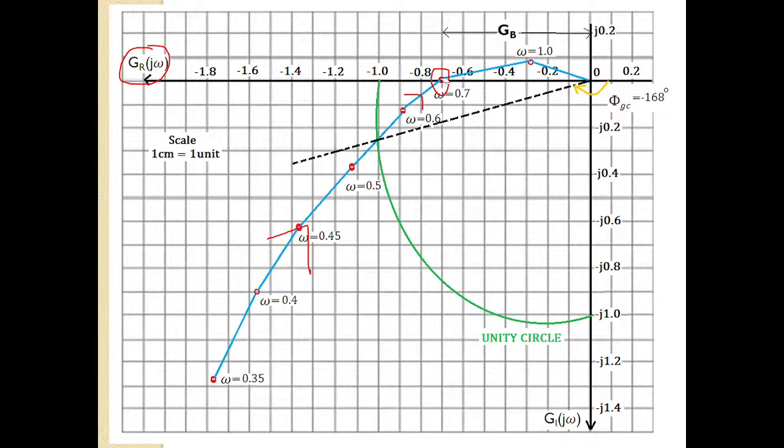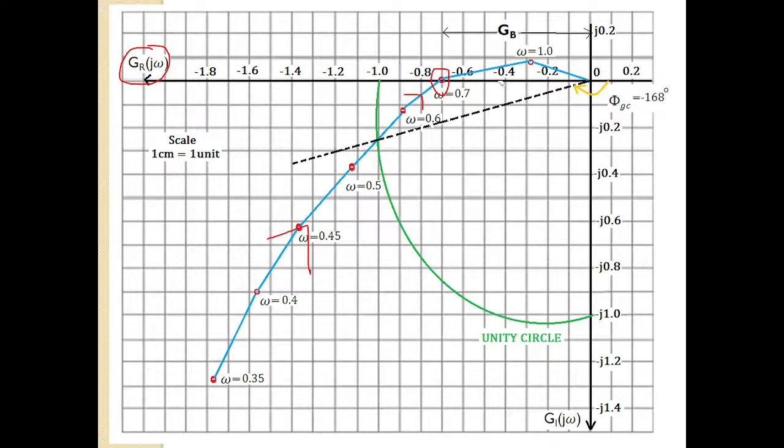It is 0.7. So what is the length here? The length of the part on the real axis where this plot intersects is 0 minus 0.7, and the magnitude is 0.7. That magnitude you will call GB.